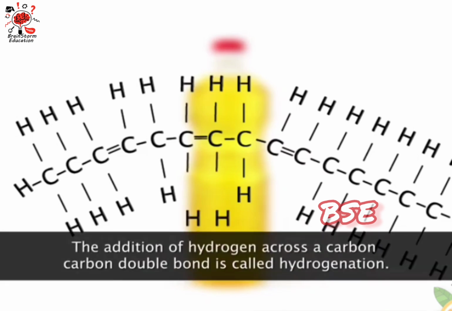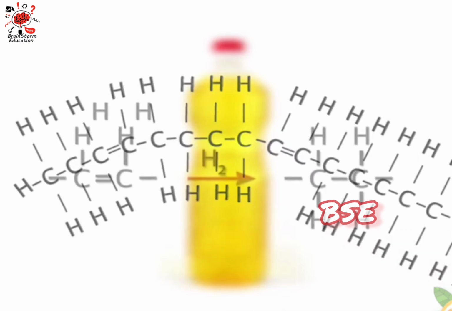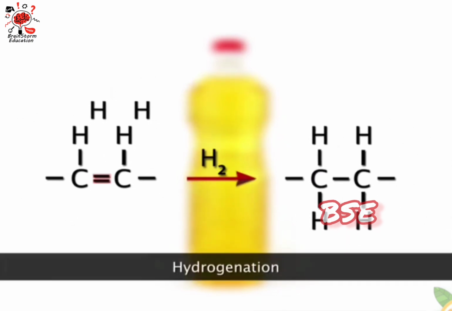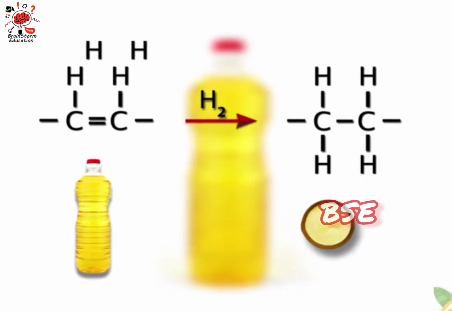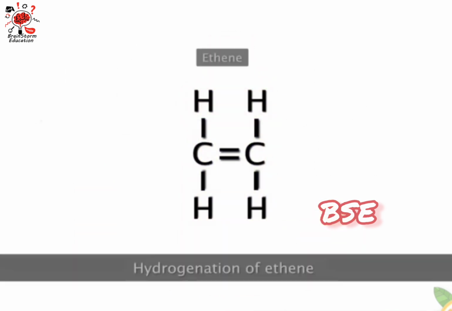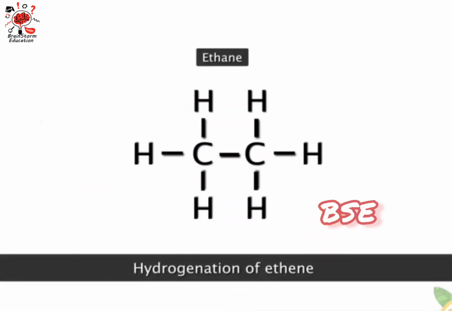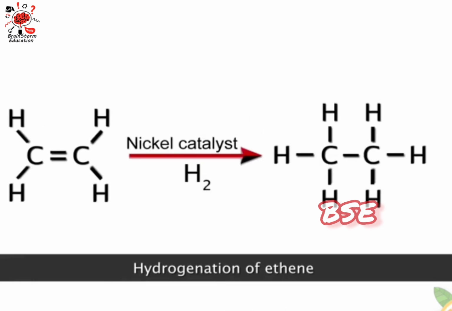The addition of hydrogen across a carbon-carbon double bond is called hydrogenation. The double bonds convert to single bonds, and liquid oils harden to become solid fats. Hydrogenation is carried out in the presence of catalysts such as palladium or nickel.